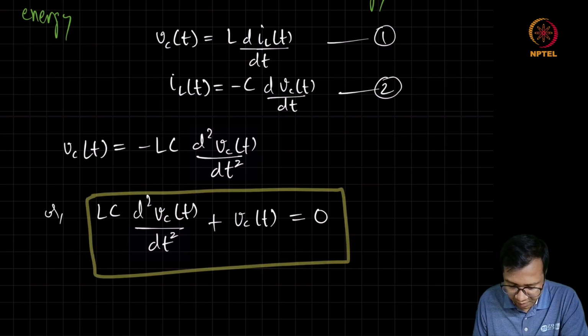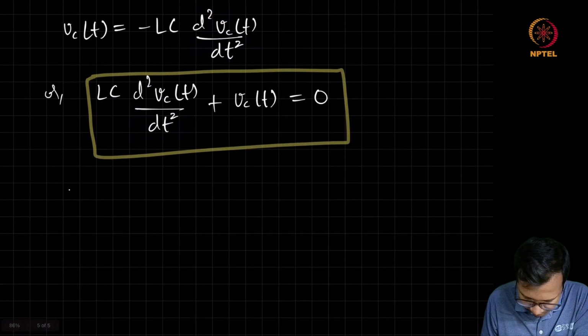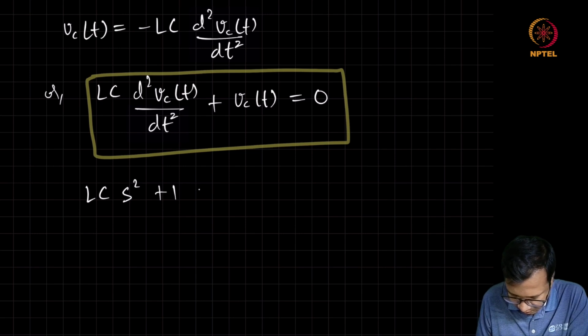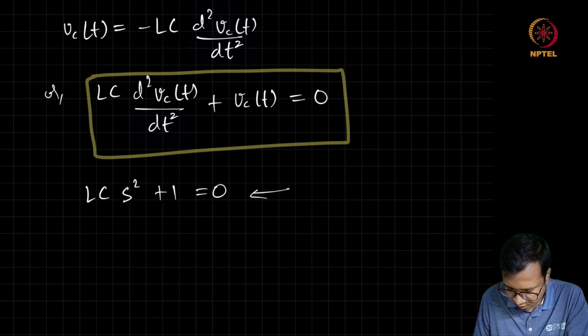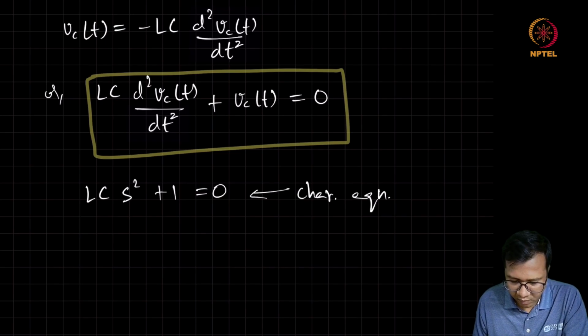This is a linear homogeneous differential equation, and we all know that this is of the form of the simple harmonic motion. So one way to find the solution for this equation is we can write its characteristic equation as LC s square plus 1 equal to 0. And from here we can find the roots of this equation.